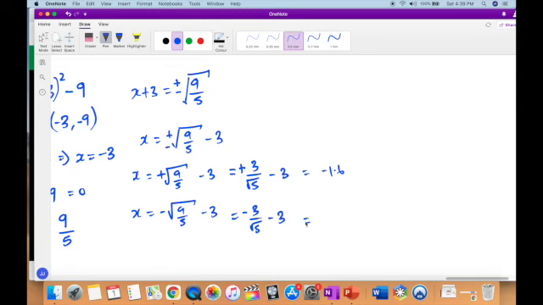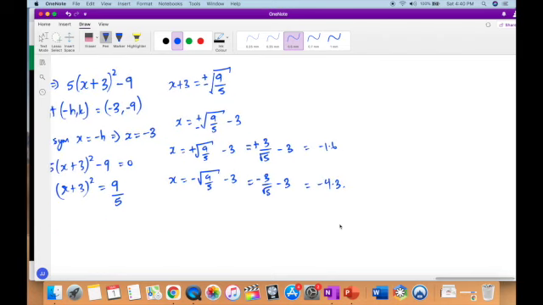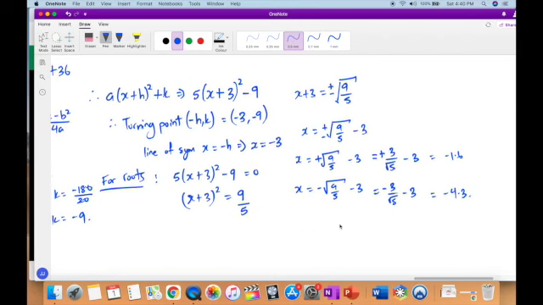And for the other one, negative 3 over the root of 5, minus 3, this one here will be negative 4.3. So yeah, we have some values here for the roots.